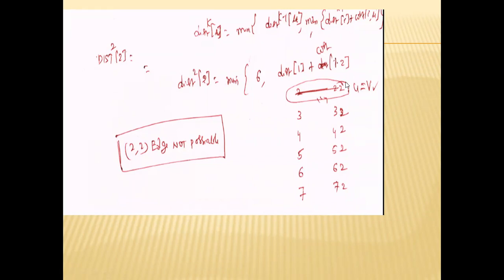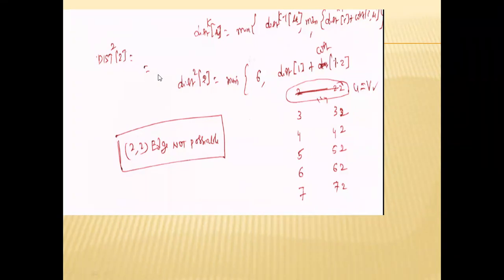Next, distance 3 comma 3 comma 2, 4 comma 4 comma 2, 5 comma 5 comma 2, 6 comma 6 comma 2, 7 comma 7 comma 2. Distance square 2 means we are calculating the shortest path from 1 to 2 by using two edges.